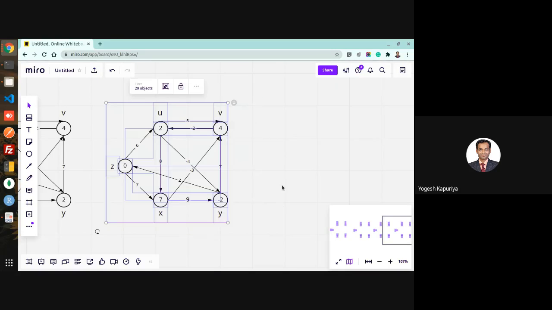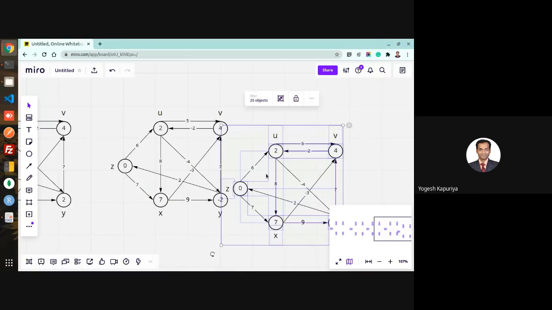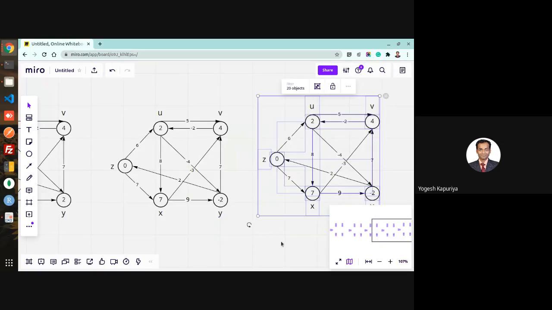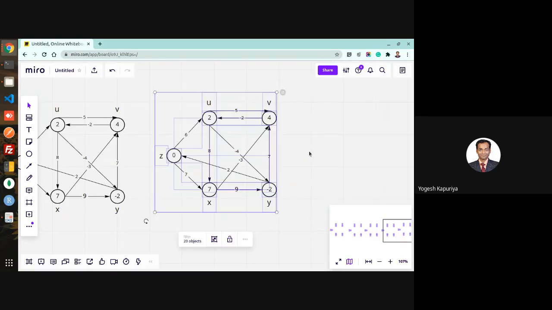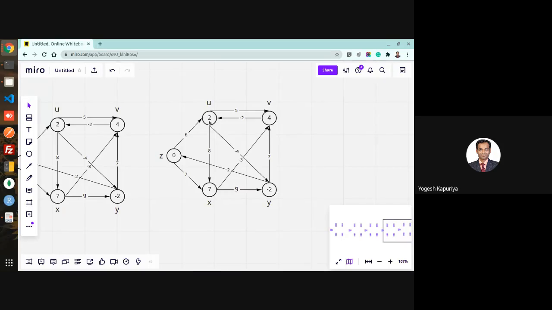So this is the third time and the last time. So 0 plus 6, no change. 0 plus 7, no change here. 2 plus 5, 7, no change. 2 plus 8, 10, 7, no change. 2 minus 4, minus 2, no change.